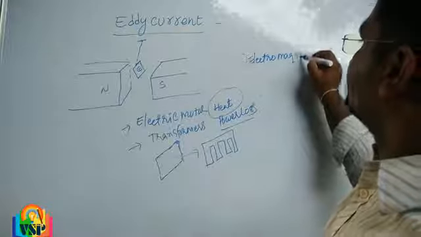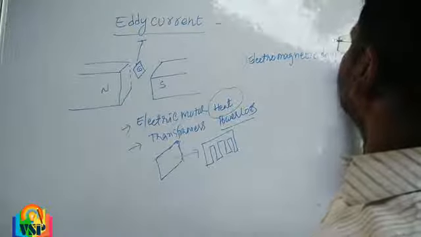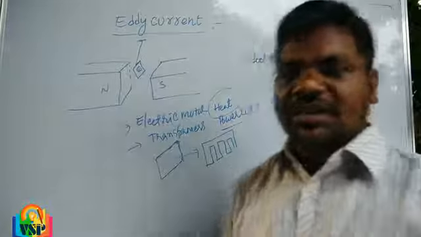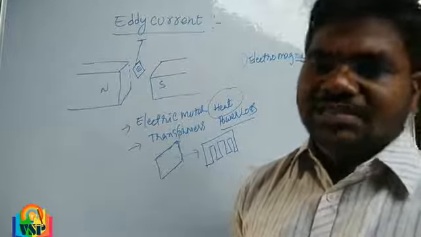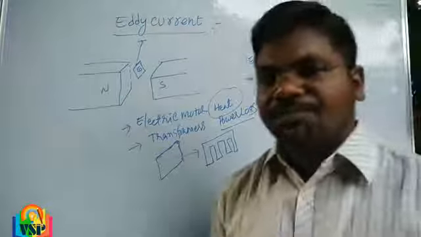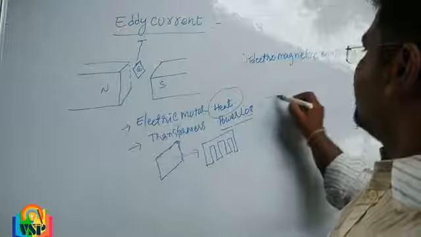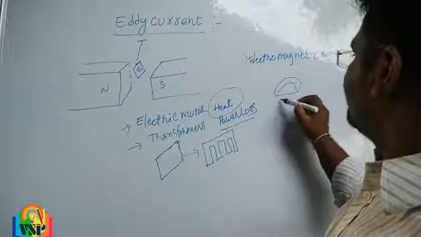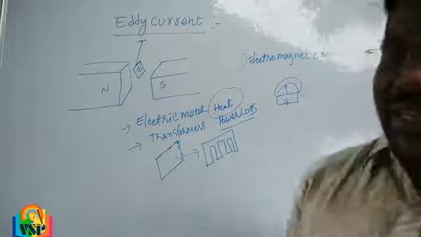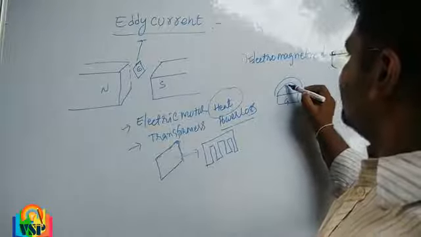Whenever you use a galvanometer in some experiments like the potentiometer, the galvanometer needle will move fast and get stuck there.